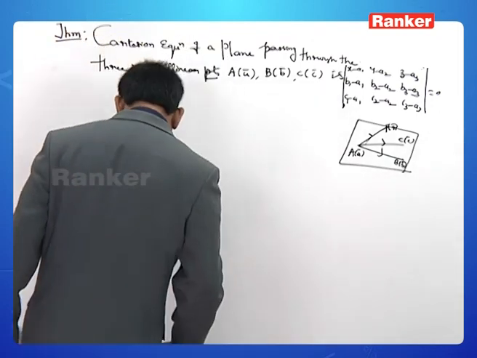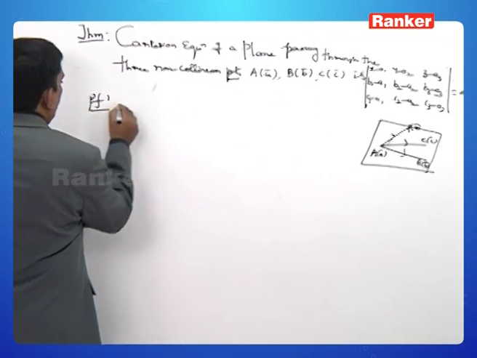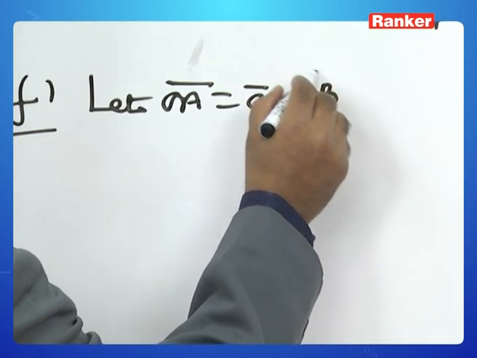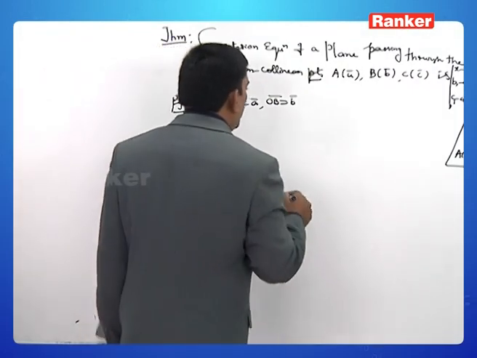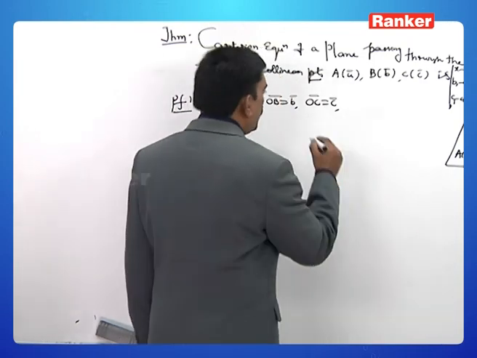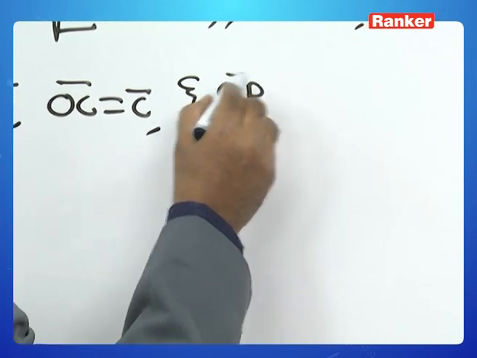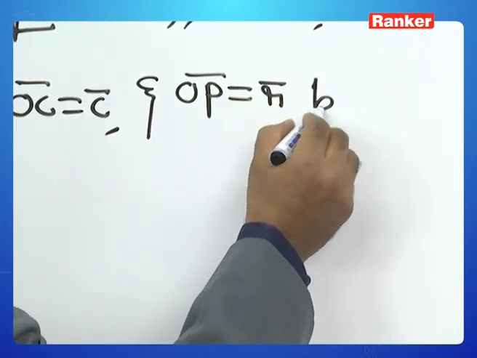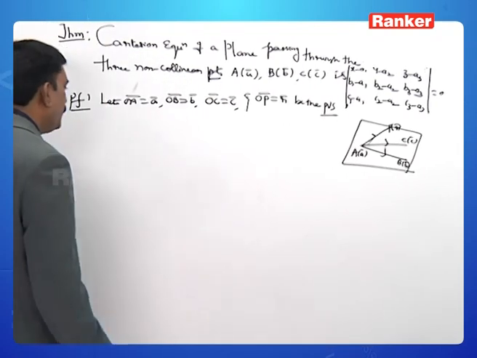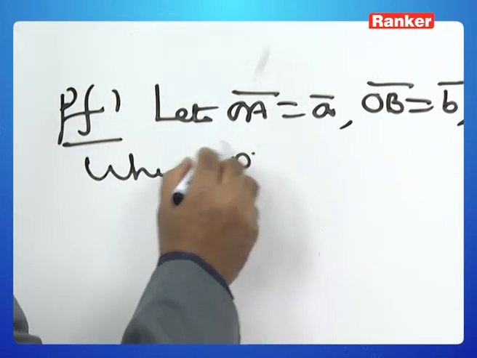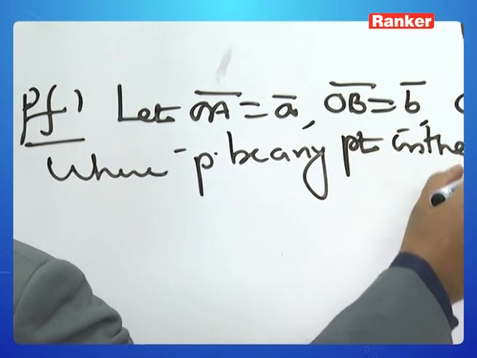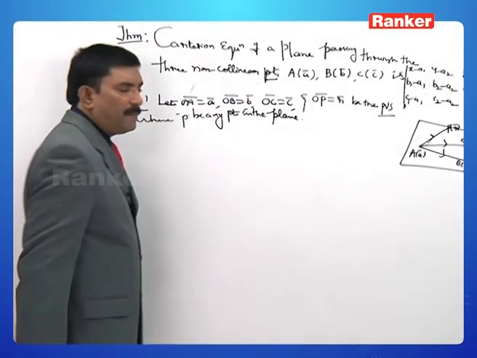So now let us take the common proof of this. Let OA bar is equal to A bar, OB bar is equal to B bar, OC bar is equal to C bar, and OP bar is equal to R bar be the position vectors, where P is any point in the plane.